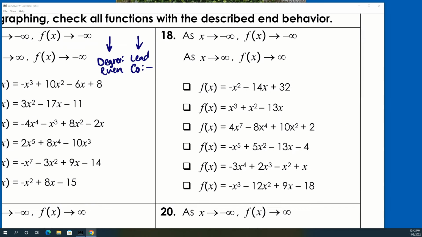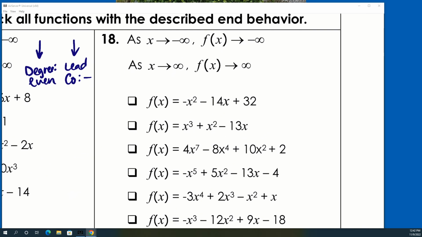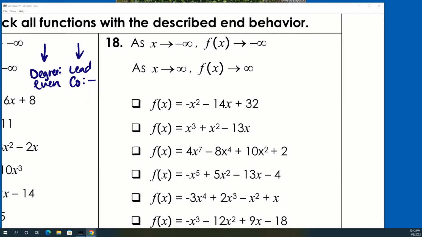Okay. We're going to do 18 together also. So x approaches negative infinity is the left side. The left side is going to point down. X approaches positive infinity is the right side. The right side is going to point up. I know the right side tells me the leading coefficient.